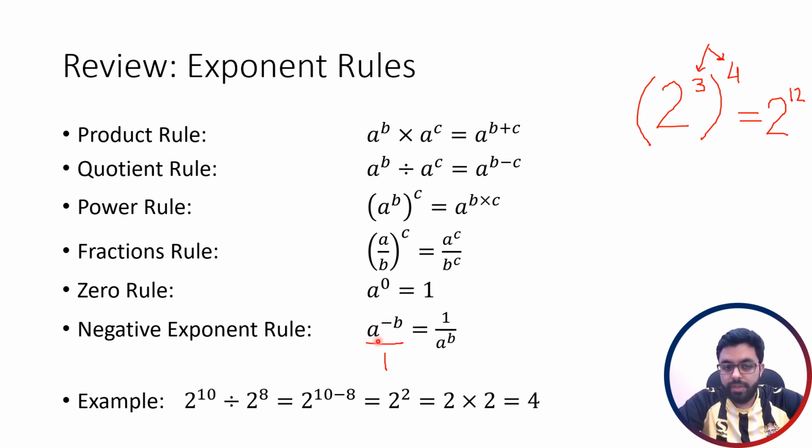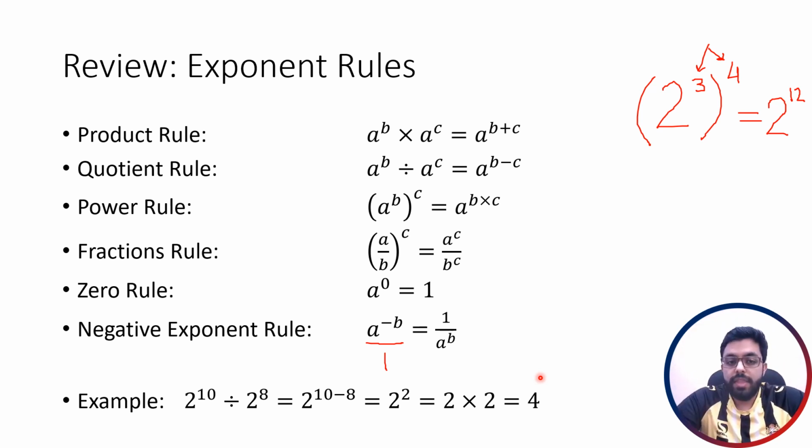You've got this power up top as the numerator divided by 1. You don't really have to write divided by 1. It's like this invisible thing, but it's technically a fraction with a denominator of 1. And so the negative exponent rule tells you that you can flip that fraction over and wipe out the minus sign from the exponent. So if you don't want to deal with the minus sign, then you can write it out like that instead.